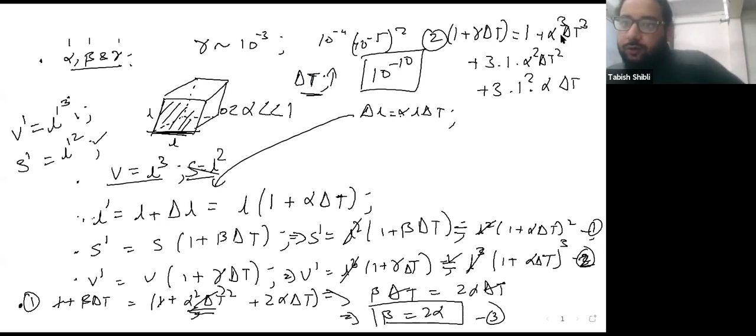Now again, notice you have an alpha cube here, so you can ignore this term, and you can ignore this term also because you have an alpha square here.